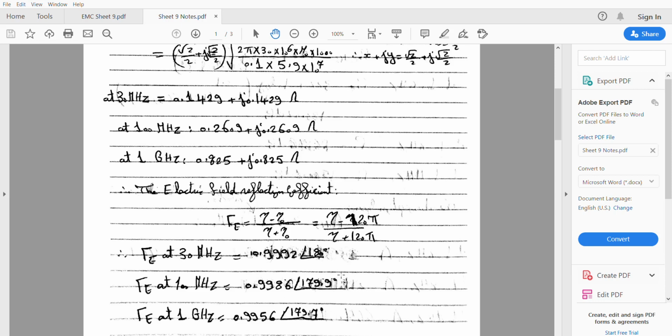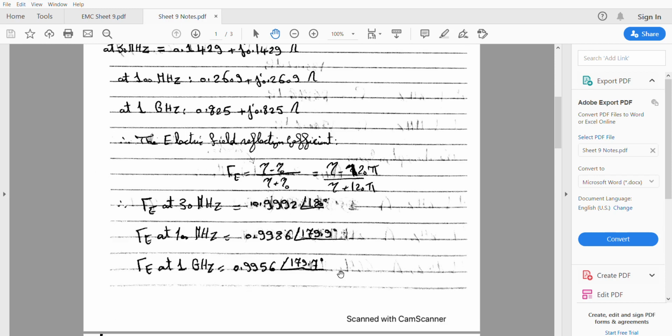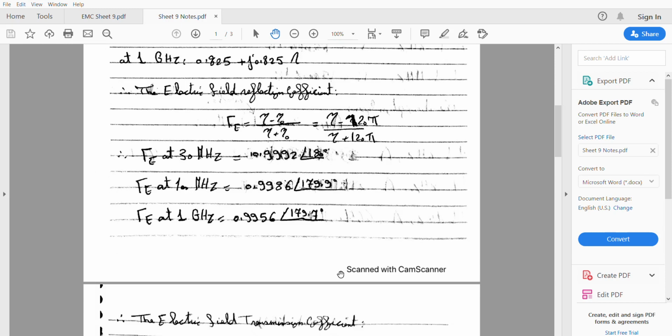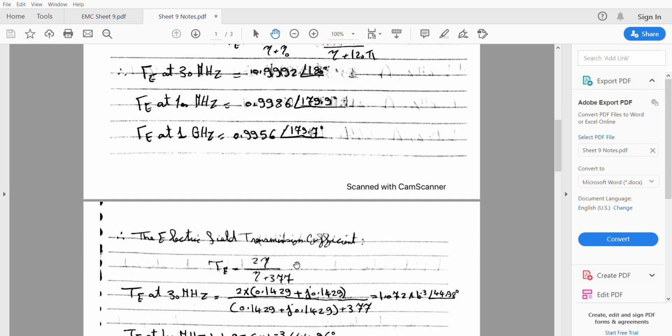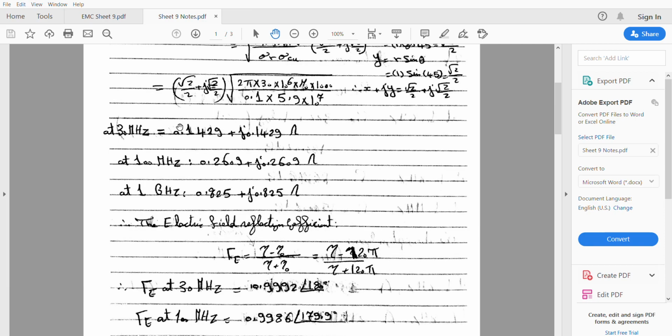Second, we need to get the value of the electric field transmission coefficient. It's simple, as tau is equal to 2 eta over (eta plus 377), which is eta naught. Eta we already have from above. These values represent eta at different frequencies.